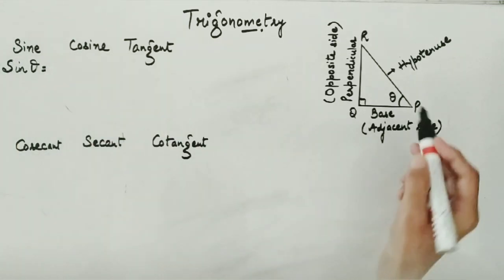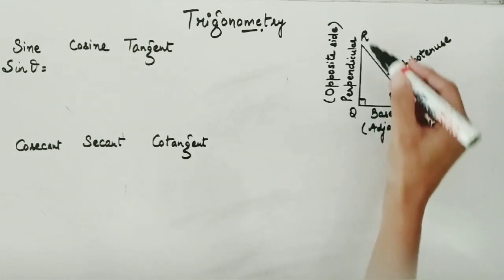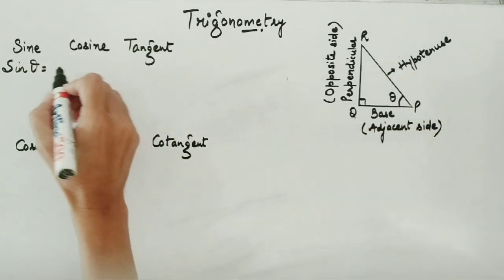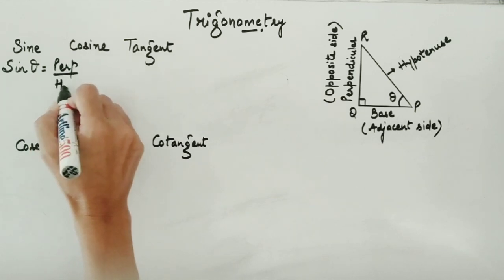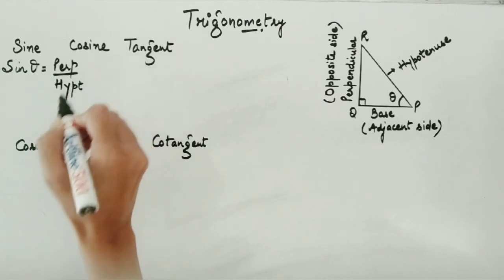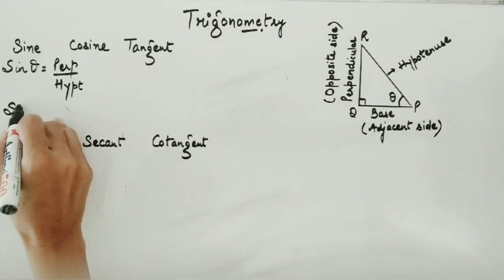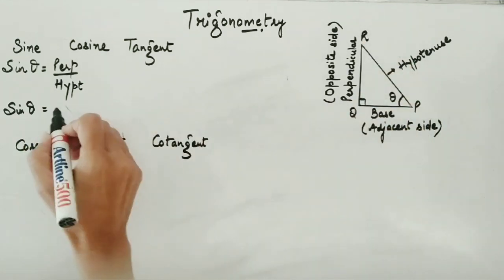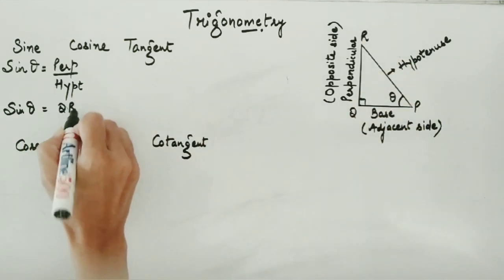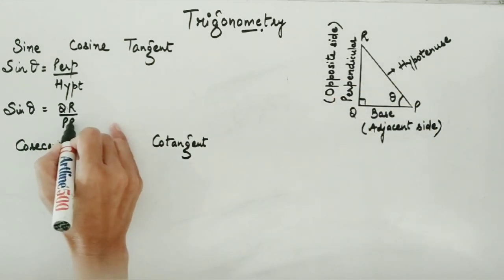Sine theta would be perpendicular by hypotenuse. I'll just write it in that form first of all. It's P by H. What is the perpendicular here? It's QR. The hypotenuse is PR.